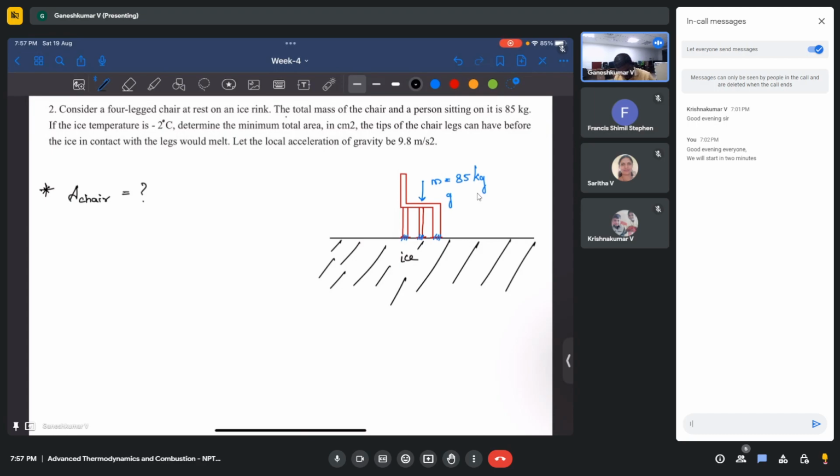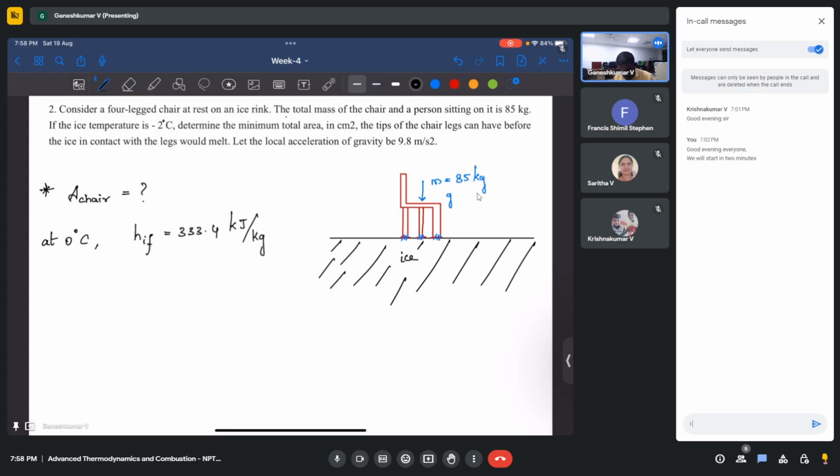So at 0 degrees Celsius, usually it is going to be hif, which is enthalpy for phase change, right? Enthalpy of melting here. That is around 333.4 kilojoules per kg.